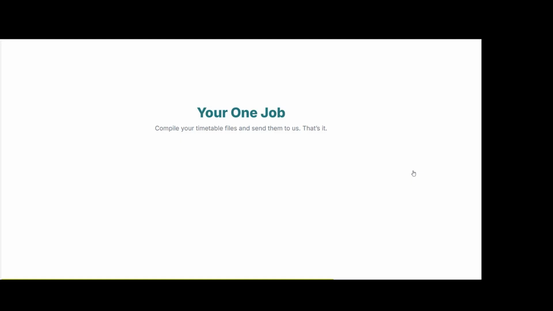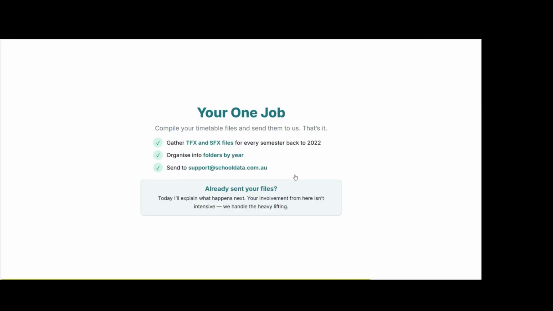So your task at the moment, and looking around the room, I know that a few of you have already done this. As I said at the start, you will get some of these reports very soon, over the next 3 or 4 work days, now that all the tools are ready to go. If you haven't, grab your timetable files, go back to 2022 if you can. Ideally put them into folders.